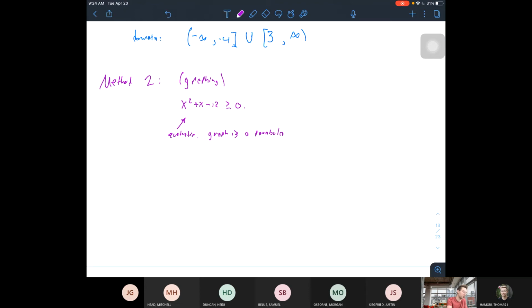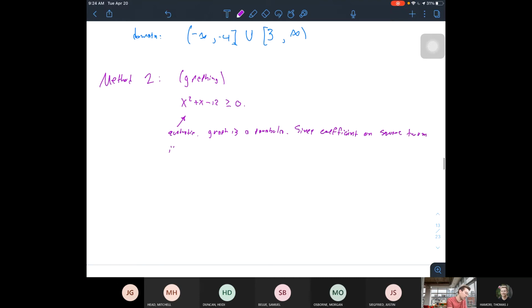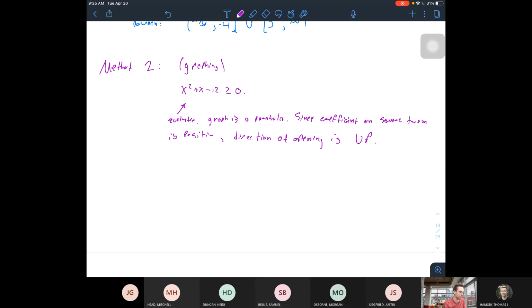And since the coefficient on the square term is positive, the direction of opening is up. Okay, so the direction of opening is up.